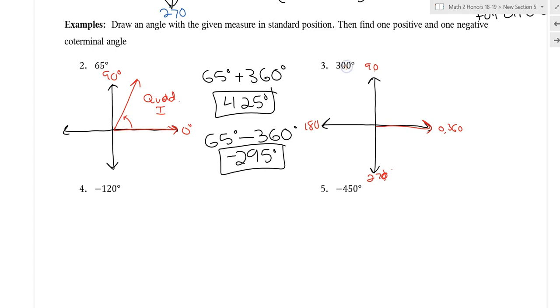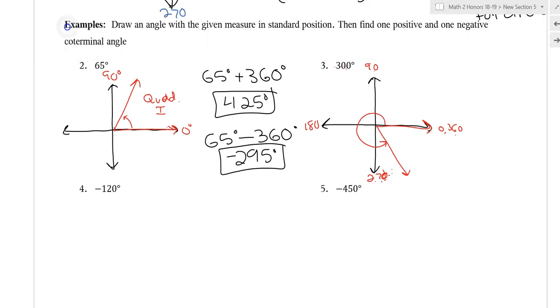So now is 300 closer to 270 or 360? 300 is closer to 270, so I'm going to draw that terminal side a little closer to that 270. Again, it's kind of approximating there. And then circle it around. Okay, because it's positive, so it is going in that positive direction.